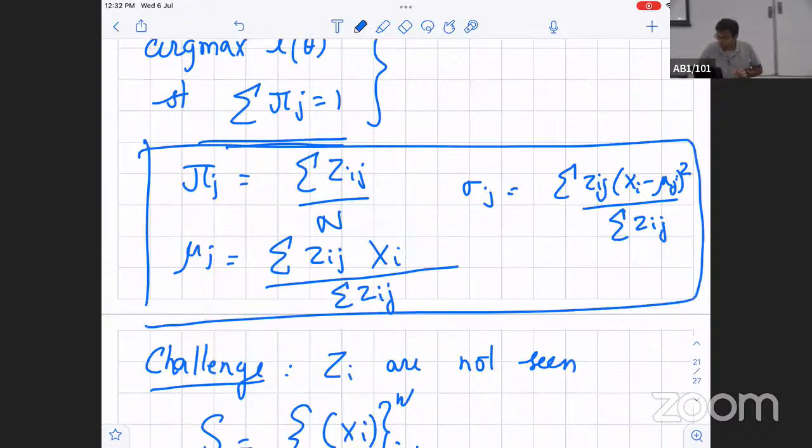Just for those here in the classroom, I will write it here: pi j is equal to the sum of zij divided by n, then mu j, then sigma j squared.